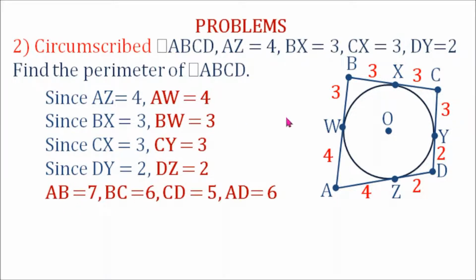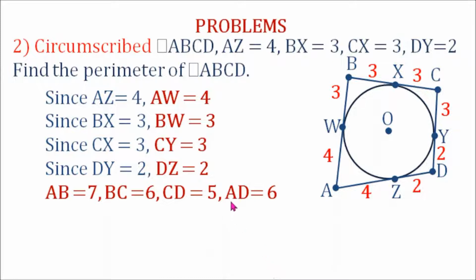So line segment AB equals 4 plus 3, which is equal to 7. Line segment BC equals 3 plus 3, which is equal to 6. Line segment CD equals 3 plus 2, which is equal to 5.